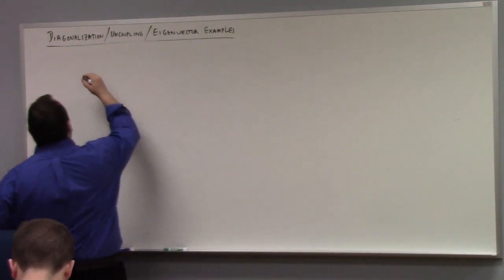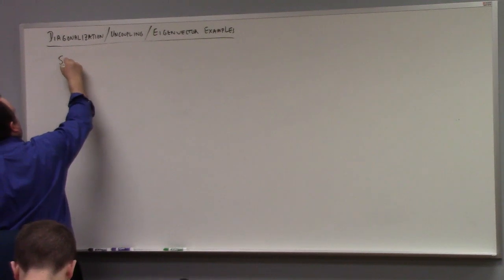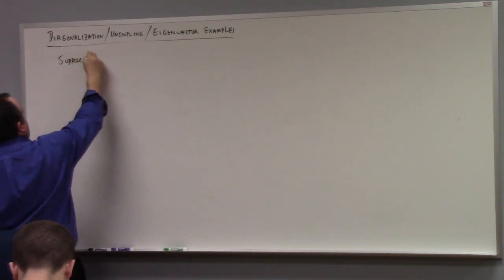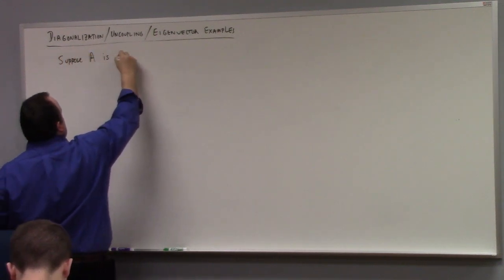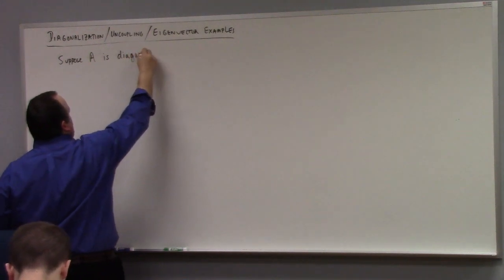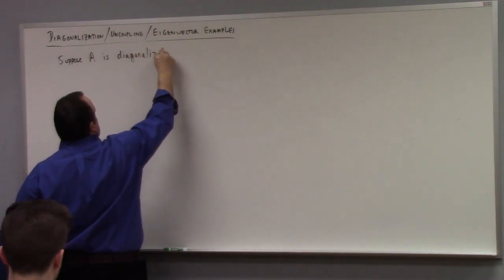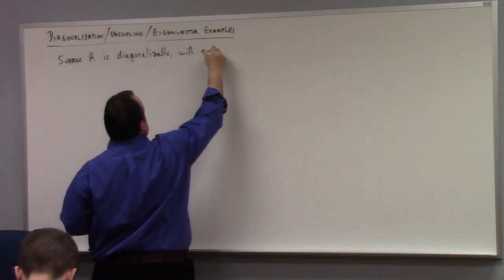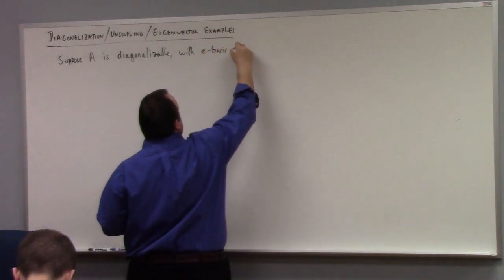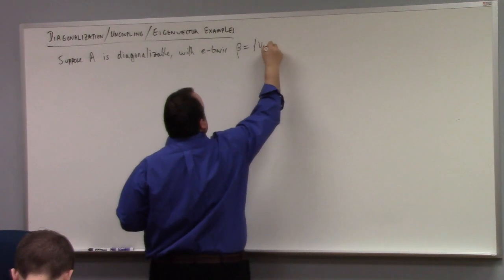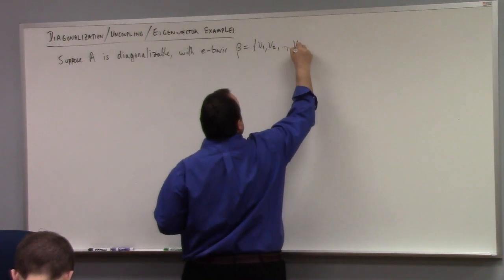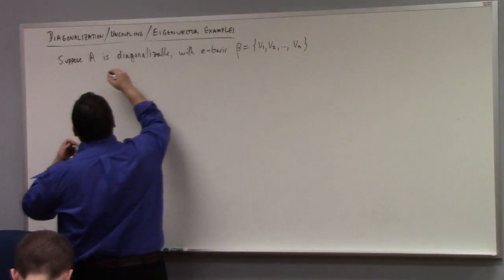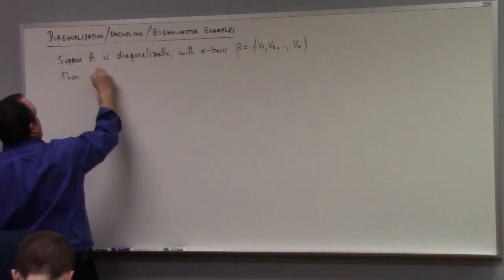Check this out. So let's suppose A is diagonalizable, with eigenbasis beta: v1, v2, through vn. Then we know the story.